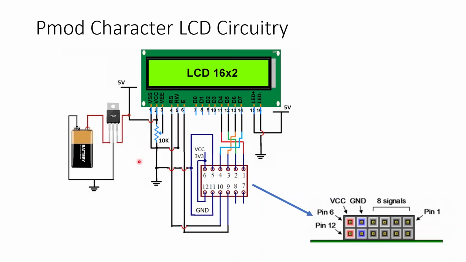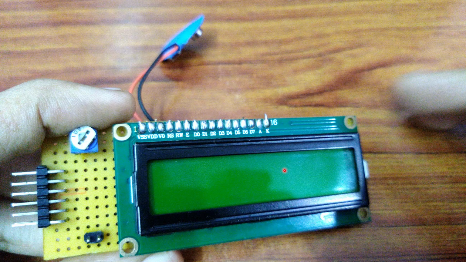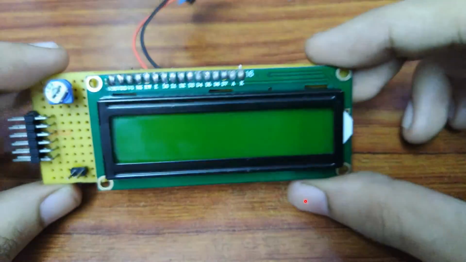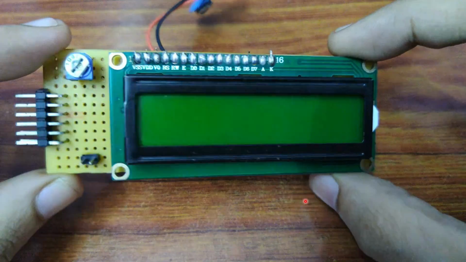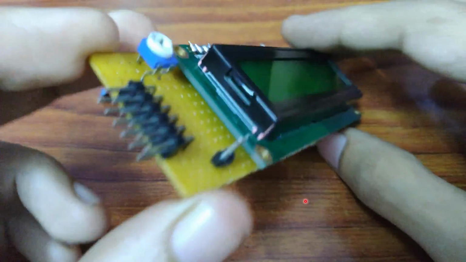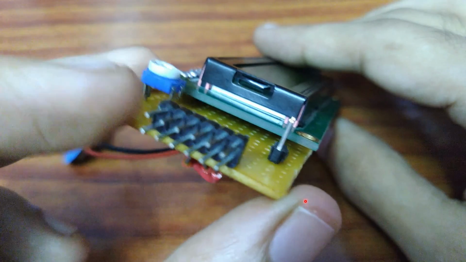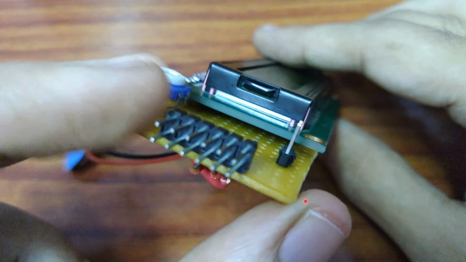Once this is complete, we'll see how the PMOD looks. Once you're done with the circuitry, the finished PMOD would look something like this. We have the finished LCD PMOD. We have the PMOD interface here, with 12 pins, of which 8 are signal pins.